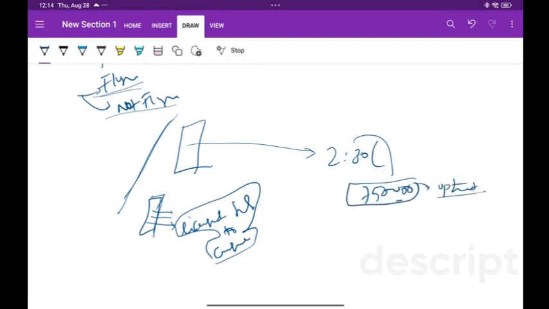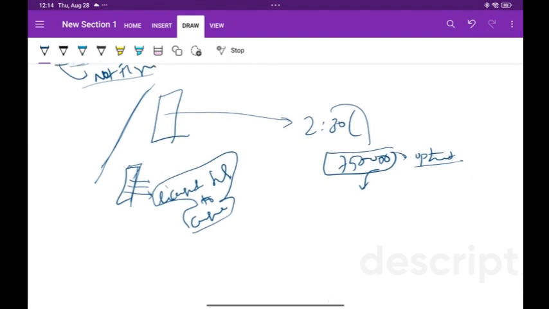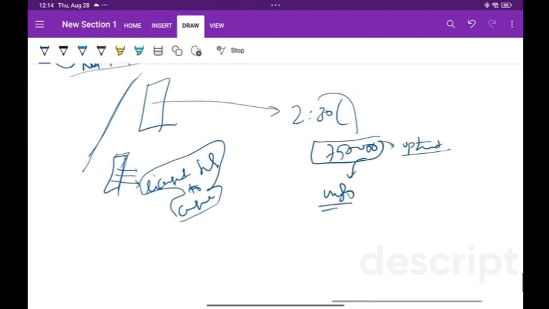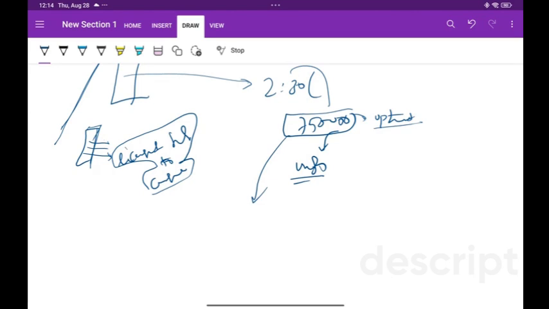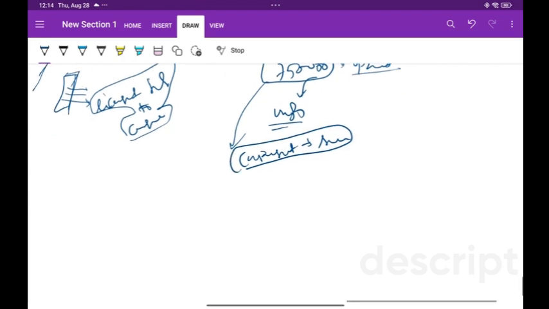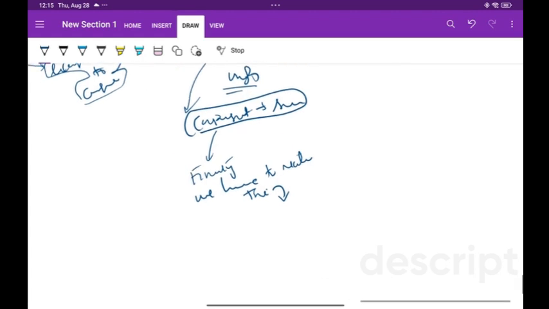For that we have to perform undo. To do the undo, first it needs to generate a compensation record. After generating the compensation record, finally we have to make the respective failed transaction aborted.